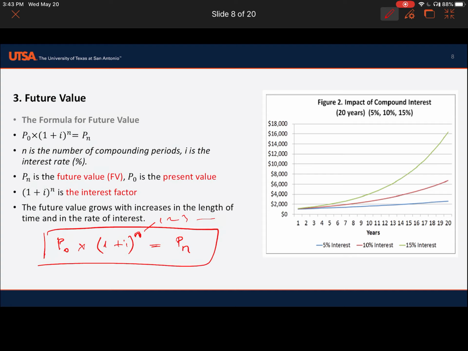And i here is the interest rate as a percentage. Pn here is the future value, and P0 is the present value.